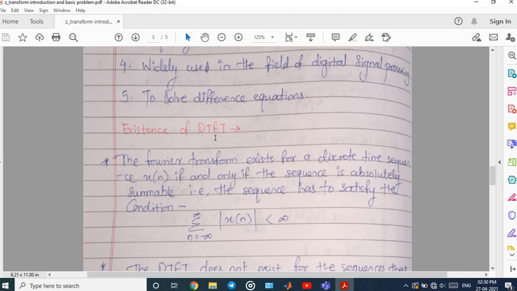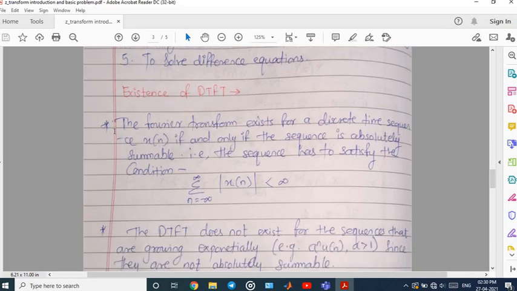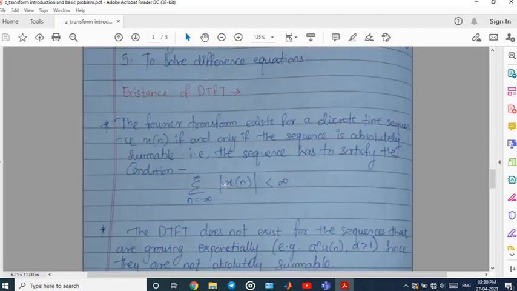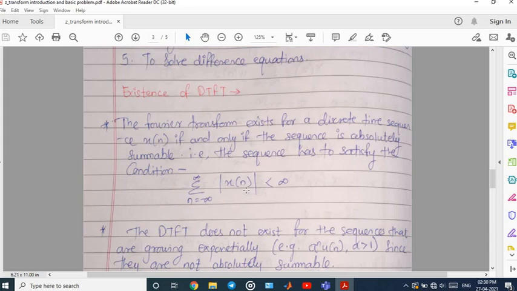Existence of DTFT. The Fourier transform exists for a discrete time sequence x of n if and only if the sequence is absolutely summable. This means the summation of mod of x of n should be finite, it should not be infinite. That is, the sequence has to satisfy the condition: summation of n equals minus infinity to plus infinity of mod of x of n is less than infinity.